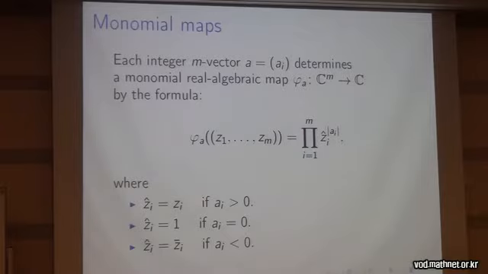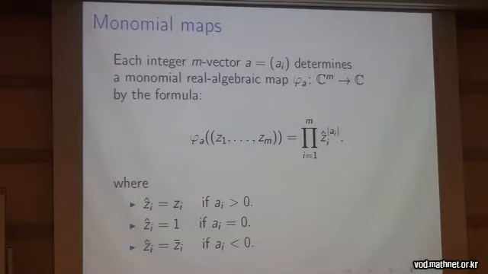We just take an ordinary Laurent monomial, but clearly it's not defined everywhere, and we want a smooth map, so we just replace all negative powers with positive powers of z bar. Is it clear? Okay. Proceed further.